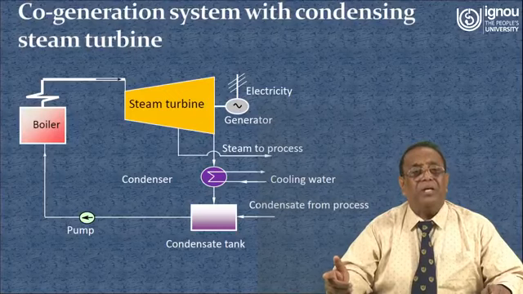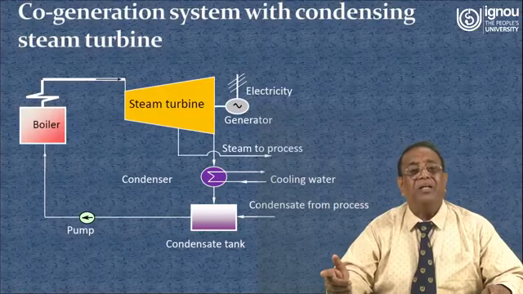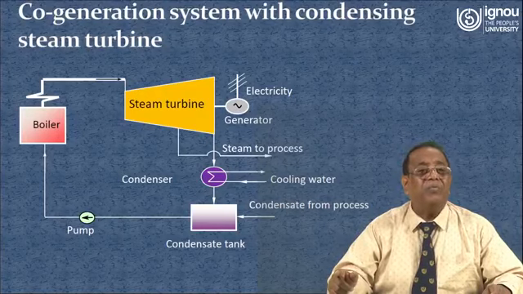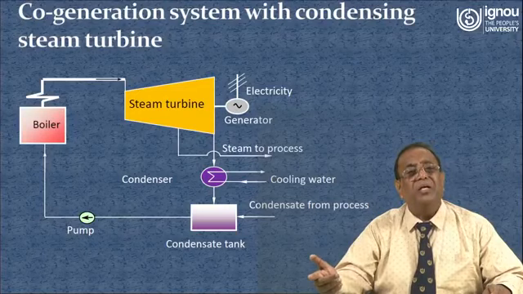During the expansion of the steam in the steam turbine, some steam is tapped from the turbine in between the process and supplied to the process heater. So you see that is shown: how the steam is tapped from the steam turbine during the expansion of steam inside the turbine, and that goes to the process heater.